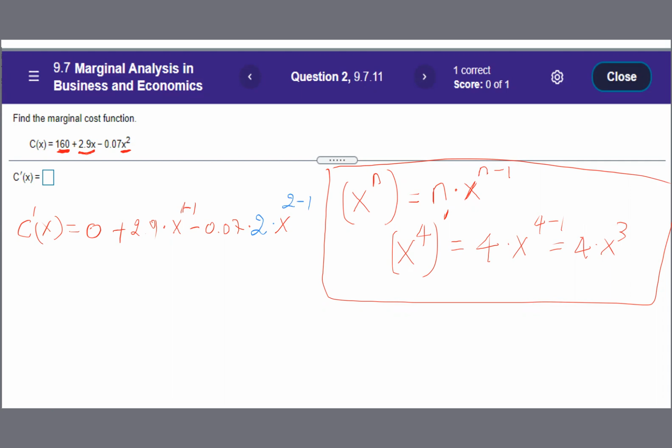So let's simplify this. 0 plus 2.9 times x to the 1 minus 1, which is x to the 0, minus 2 times 0.07, which is 0.14, times x to the first. X to the 0 is 1. Let's remember that also. So the answer is 2.9 minus 0.14 times x.